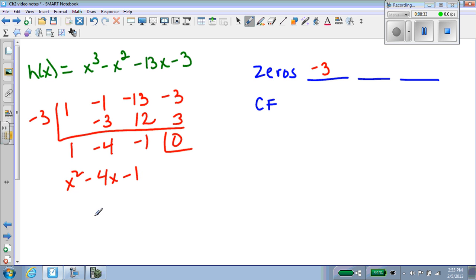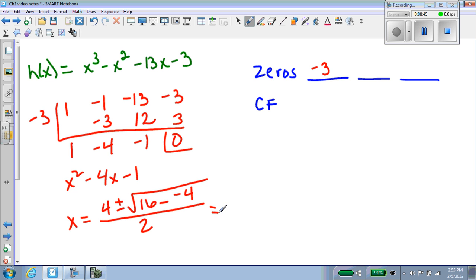I didn't see anything else out there good to use. So now I'm going to do quadratic formula to find my other two zeros. Opposite b plus or minus square root b squared minus 4ac all over 2a. 4 plus or minus the square root of 20 over 2. 4 plus or minus 2 root 5 over 2.